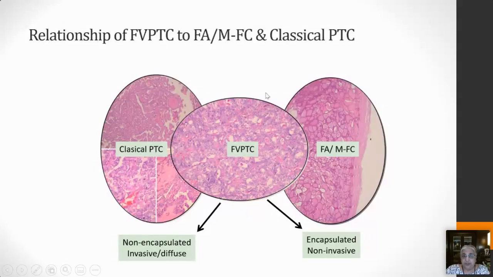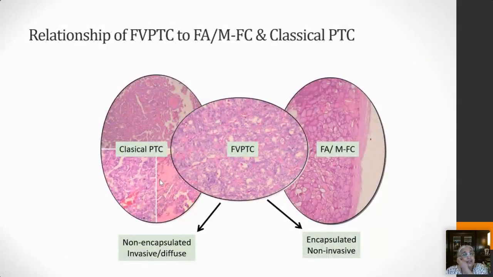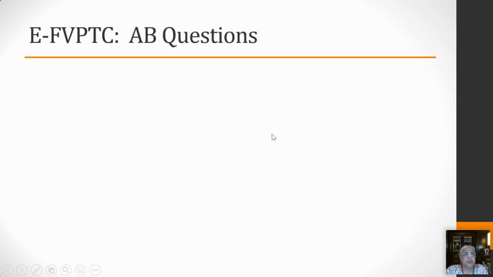And it was becoming evident that if these were non-encapsulated, invasive and diffuse, they behaved like papillary thyroid carcinomas. If they were encapsulated, they behaved like follicular lesions. They did not behave like papillary thyroid carcinomas.